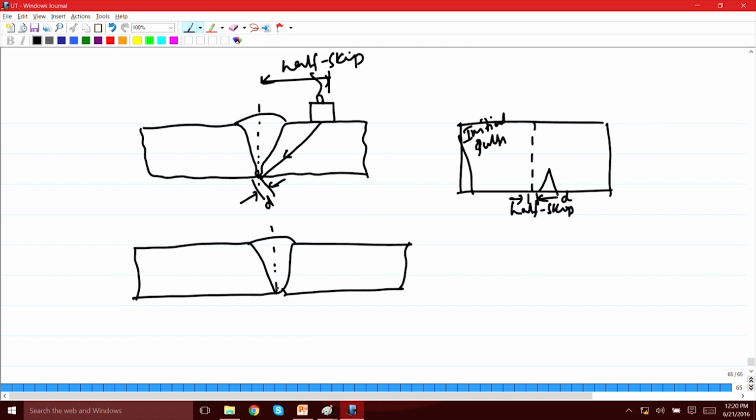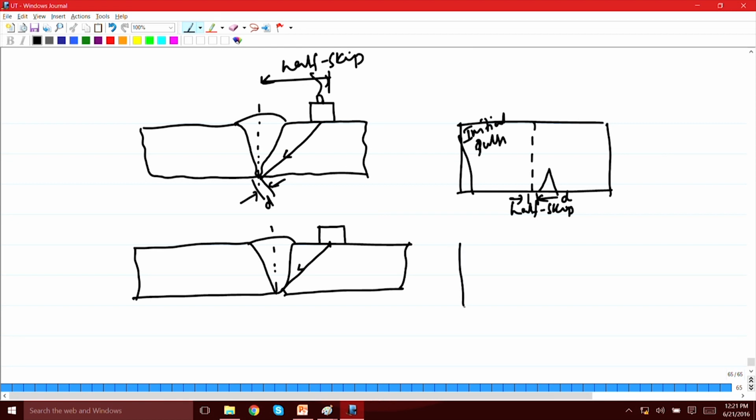So in that case, if you keep your probe again at the half skip, even before it goes to the root, it will encounter this defect, because there is now an opening.